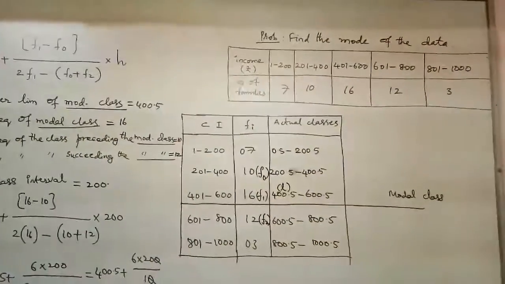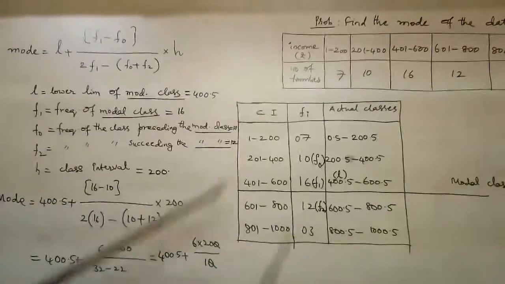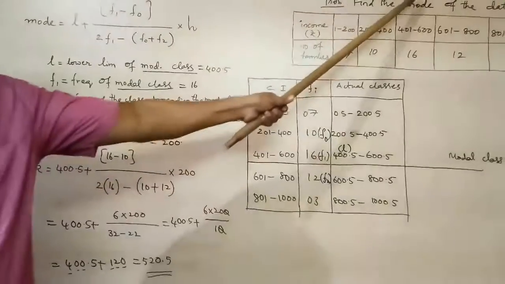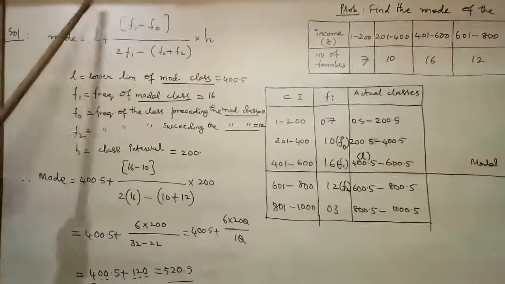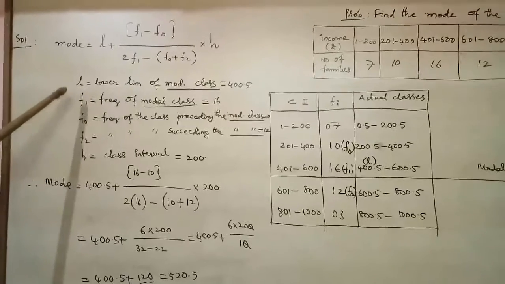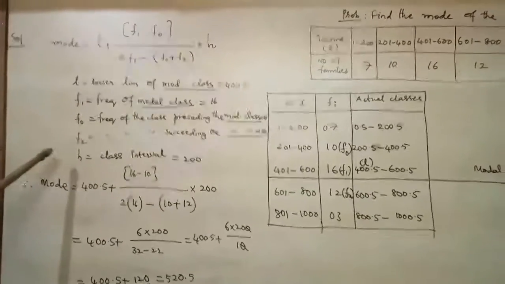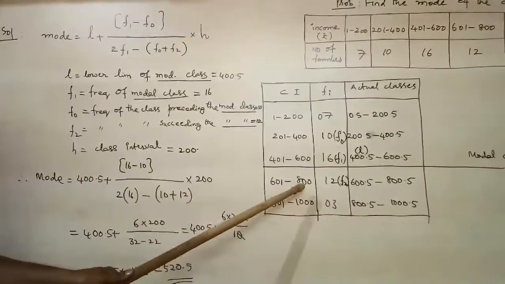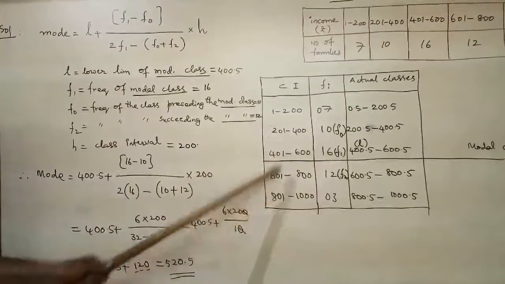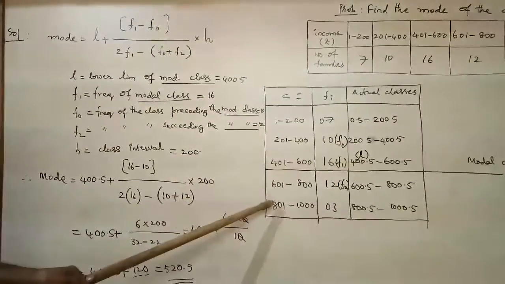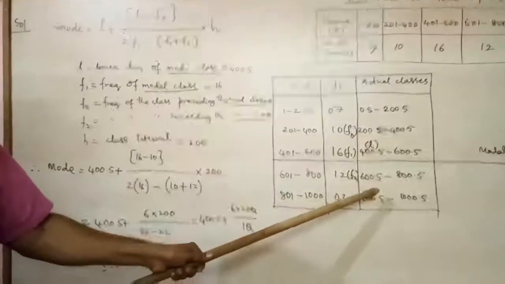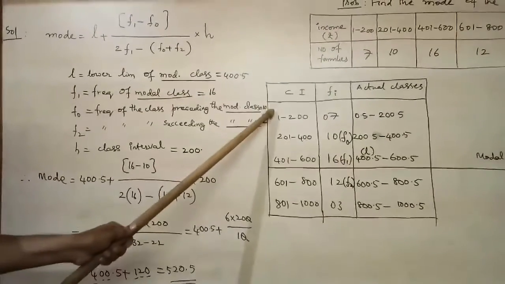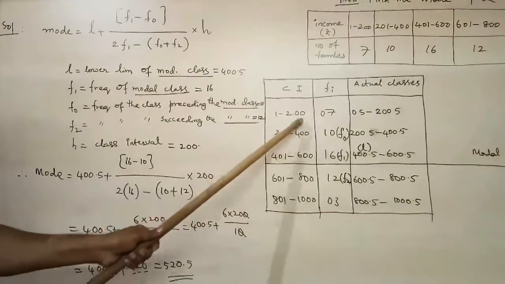The given data is group data. To find the mode, the formula is required. In this formula, you should remember L, F1, F0, F2, H. To find these values, I made a table. These are all discontinuous classes, so I made them continuous by subtracting 0.5 from lower limits and adding 0.5 to upper limits.